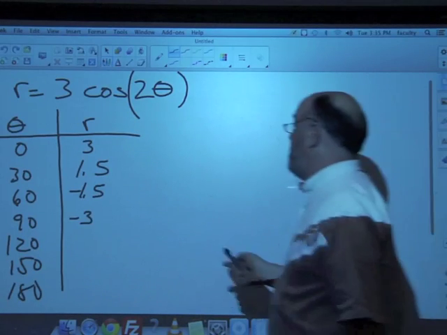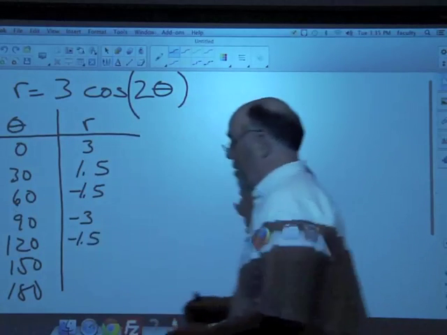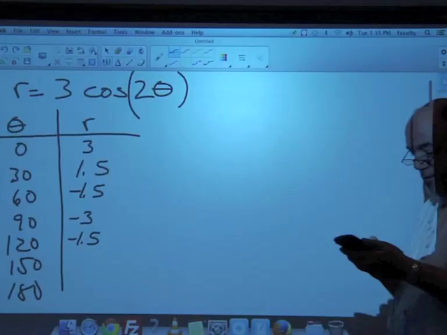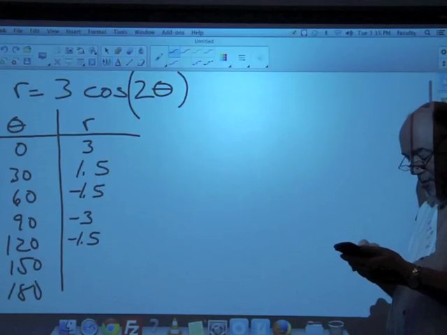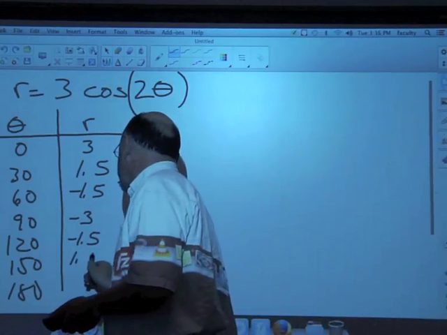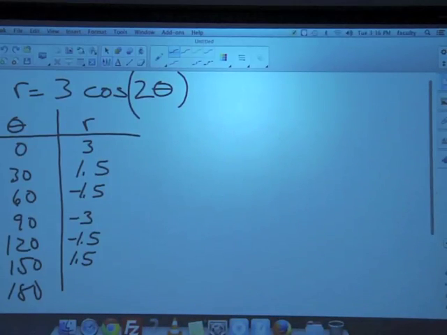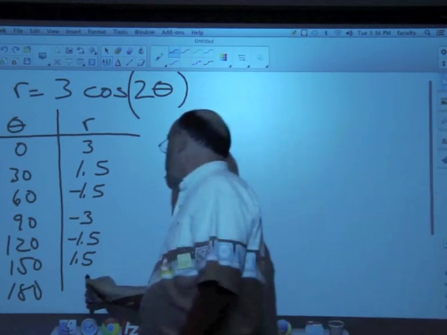The next one is negative 1.5. The next one is positive 1.5. Next one is positive 3.